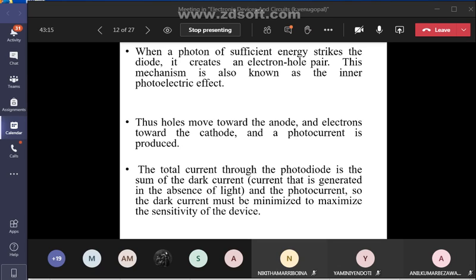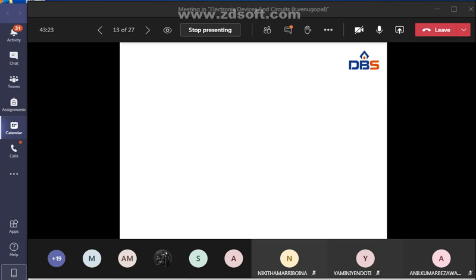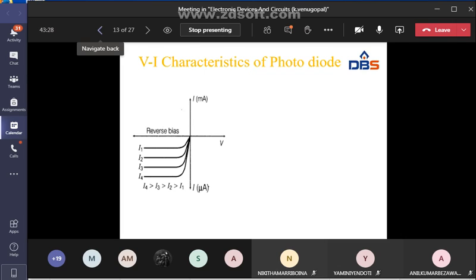The dark current must be minimized to maximize the sensitivity of the device. These are the VI characteristics of the photodiode.